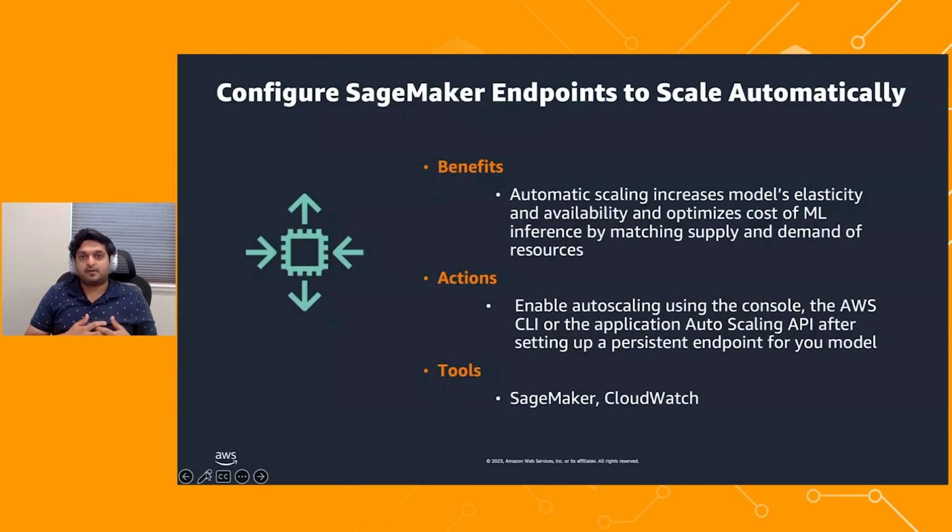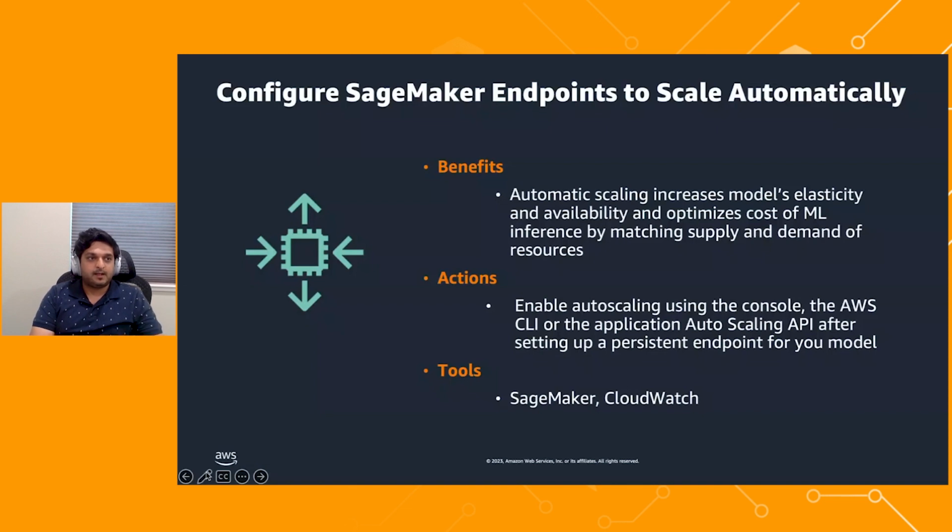So basically, whenever your workload increases, auto scaling will bring in more instances and make sure you have more availability. And also, whenever your workload decreases, like if you're using an async endpoint per se, you can scale down the instances to zero, or if you're using real-time inference, you can scale down to one instance and remove the unnecessary instances and don't pay for the over-provisioned instances that you aren't using. So this is a very good cost saving aspect of it that most of our customers leverage and gain benefit from.